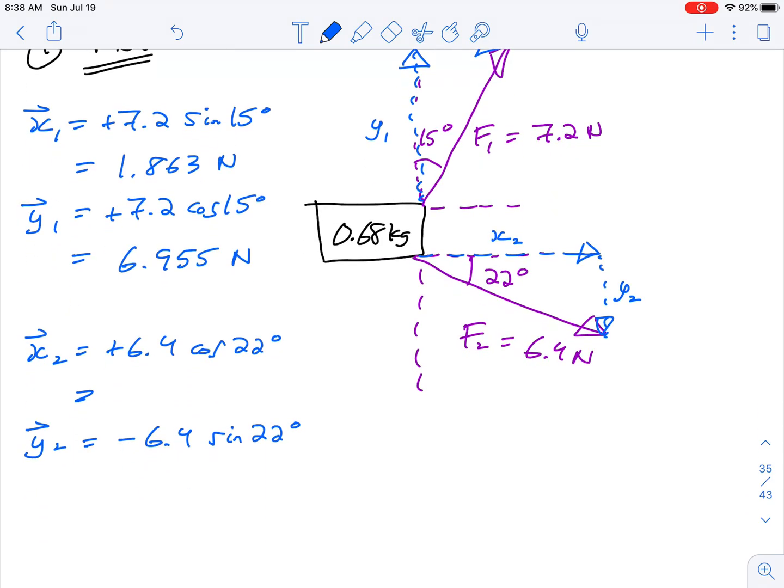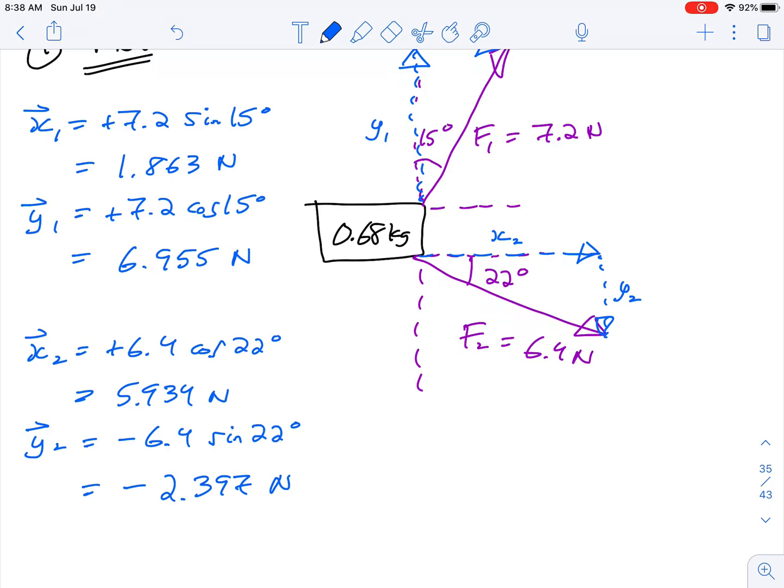All right, more tedious work here. So 5.934 and negative 2.397-ish. All right, so we found all the components.